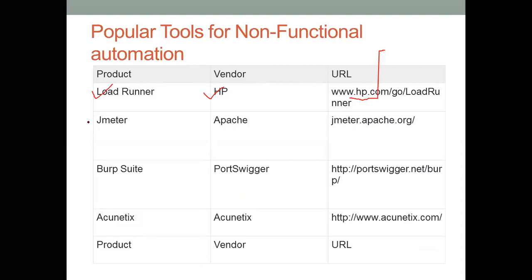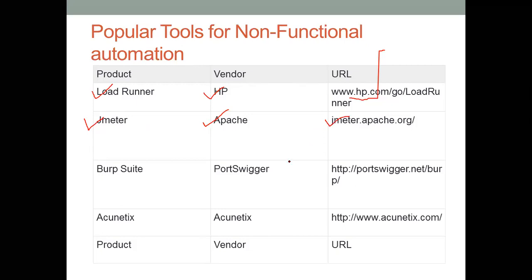Then second, JMeter. This JMeter is used in industry. Most of the companies are using this tool for non-functional testing, and the company that has developed this tool is Apache. Apache has developed it, and you will get all the information from jmeter.apache.org.